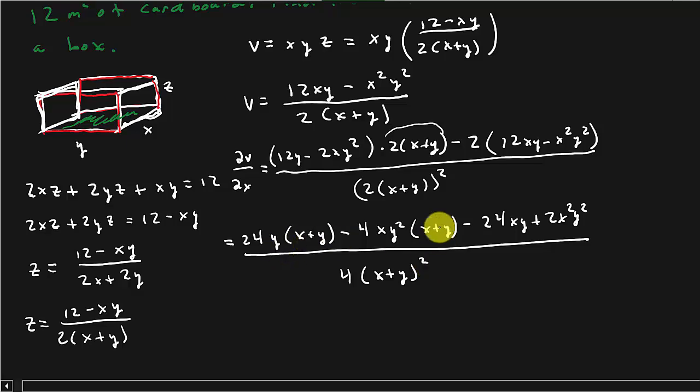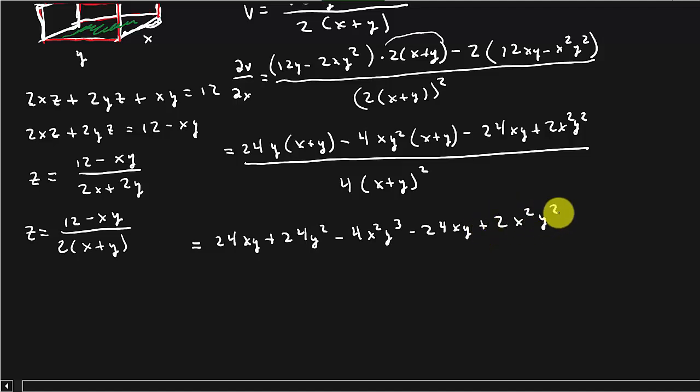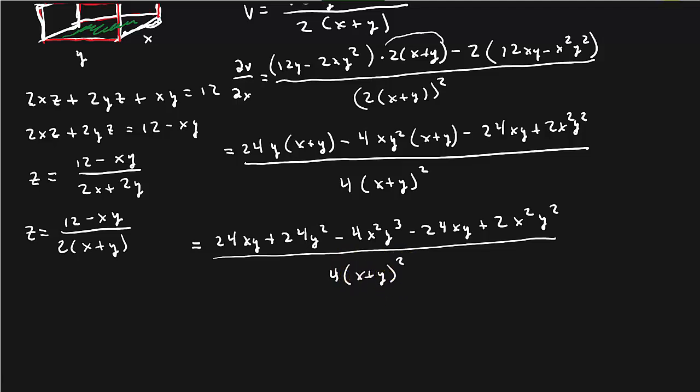Now let's clear these parentheses. That's going to give me 24xy plus 24y squared minus 4x squared y cubed minus 24xy plus 2x squared y squared. Let me check and make sure I have no stupid mistakes anywhere, because I don't want to do this and then find a mistake.